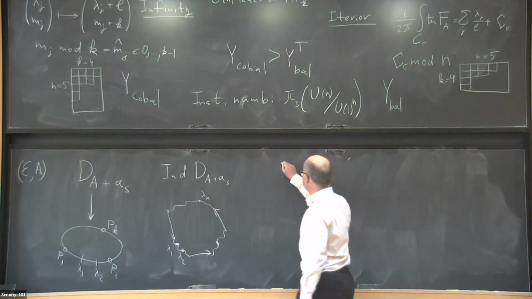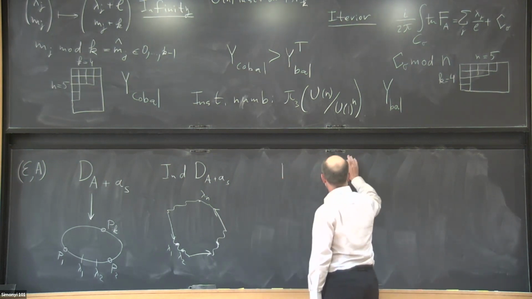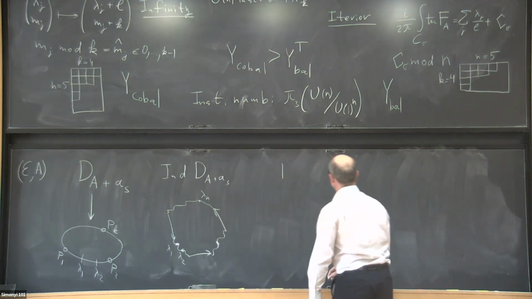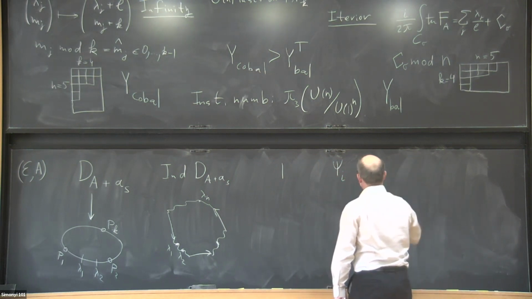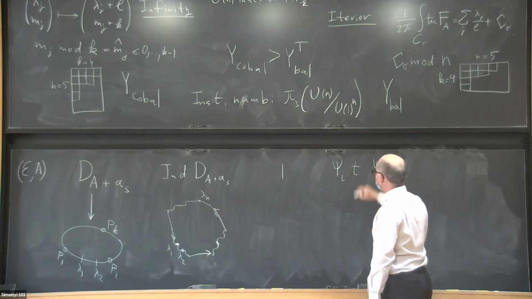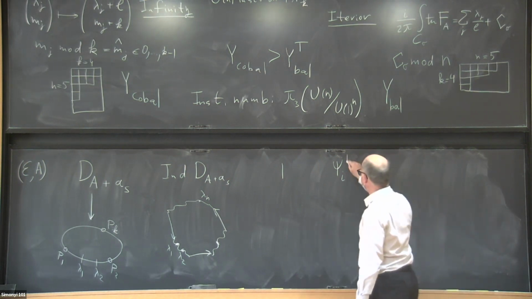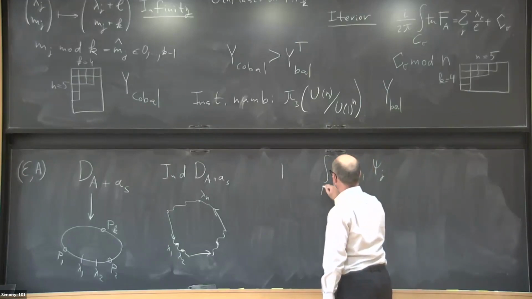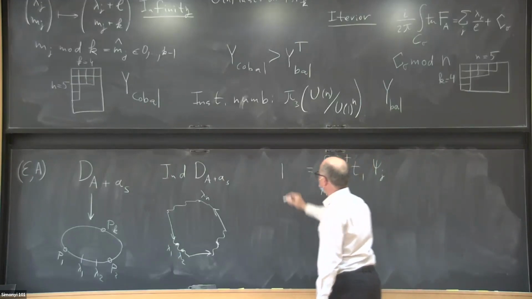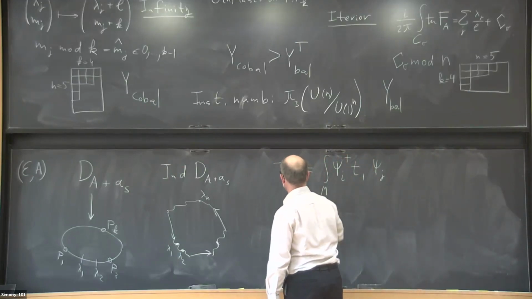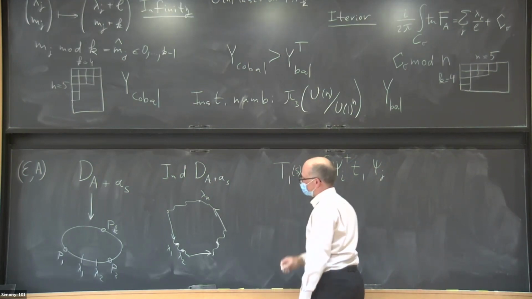So as a result, if you have some section, say psi i, L2 sections, and another section psi j, you can multiply it by one of the coordinates on your R3, let's say T1, and project it back on the kernel. So that gives you an endomorphism, which depends on S, of this bundle.